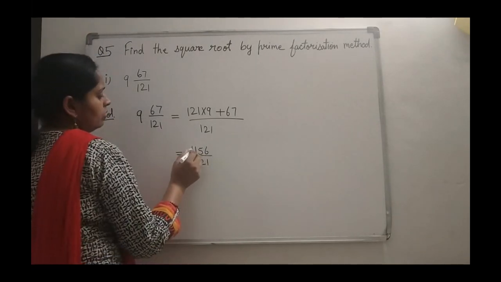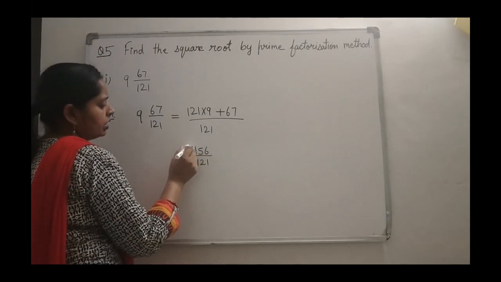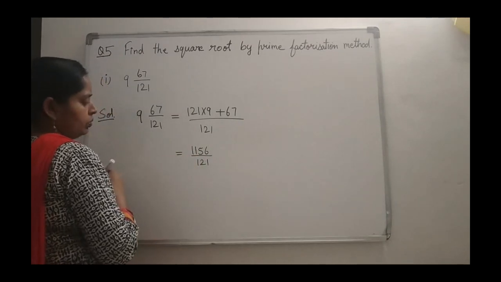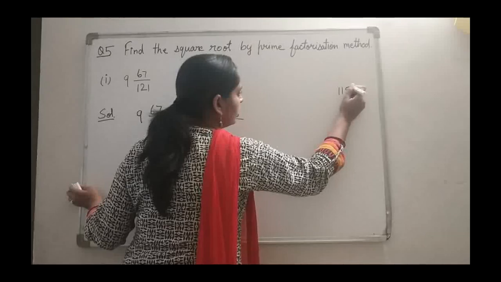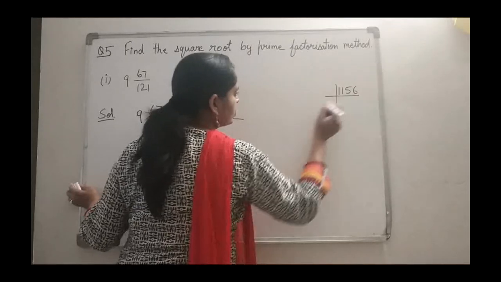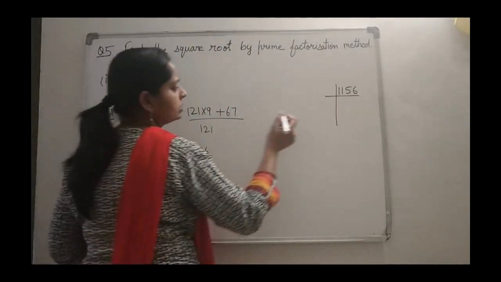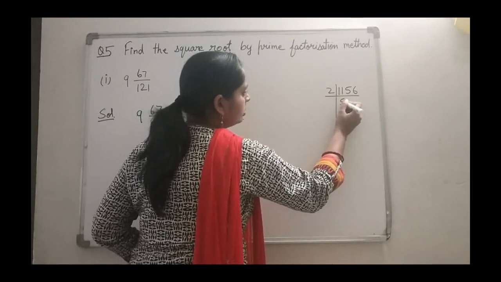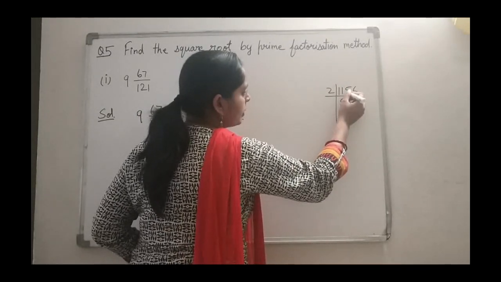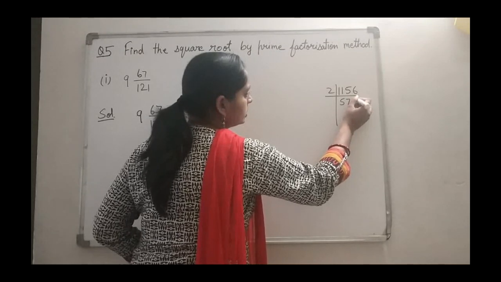So we will do the prime factorization of the numerator as well as for the denominator. So 1156. Prime factorization. Write the factors of this. So the number will be divided by 2. 2 5s are 10, 2 7s are 14, and 2 8s are 16.